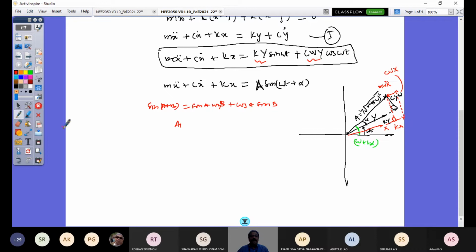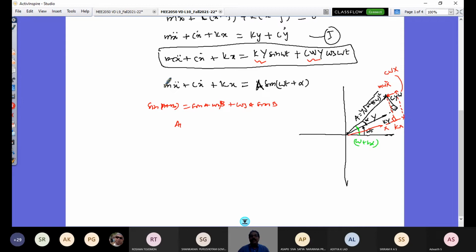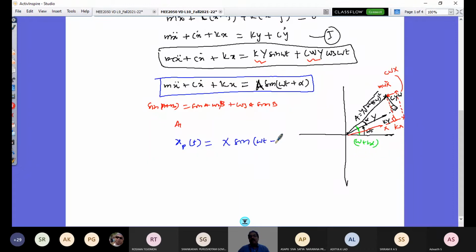Let me write the response for this excitation, for this governing equation. The steady state response xp of t is going to be x sine omega t minus phi minus alpha.